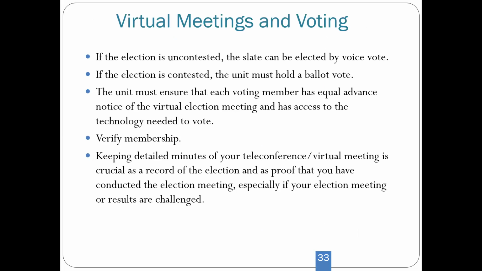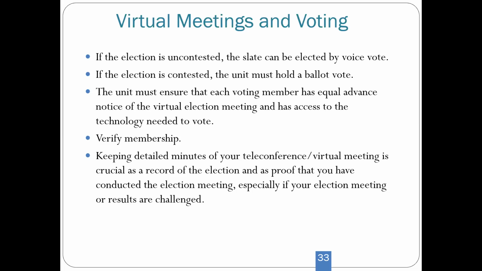Virtual meetings and voting. We talked about this a little earlier on. If the election is uncontested, the slate can be elected by voice vote, and you can do that on Zoom, or if you prefer to have a Google poll or have a poll within Zoom, you can do that as well. If the election is contested, the unit must hold a ballot vote.